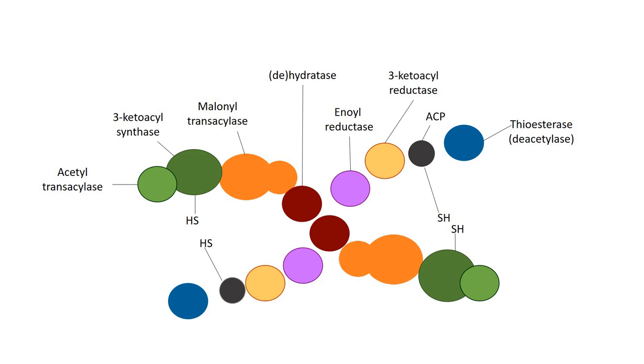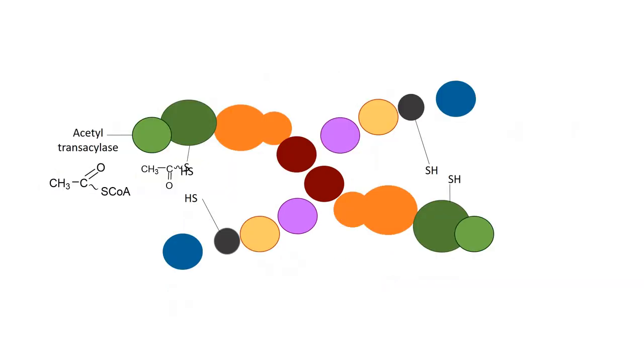Now let's describe how a fatty acid molecule forms. The primer acetyl residue adds to the mercaptan group from amino acid cysteine under acetyl transacetylase action.